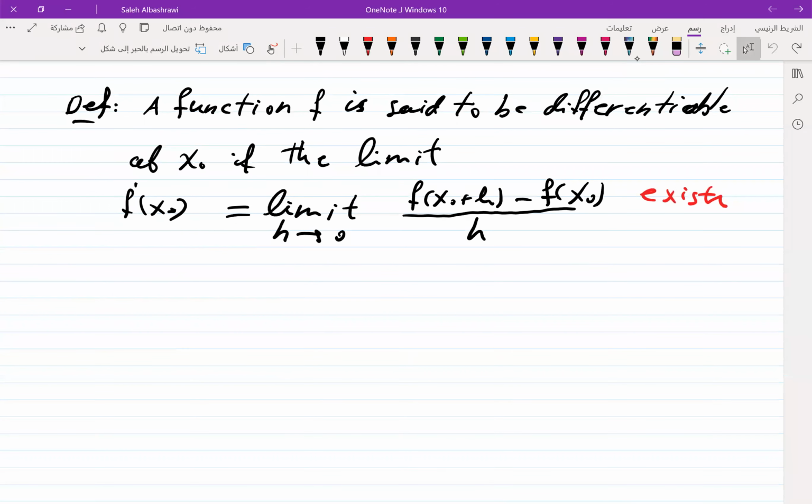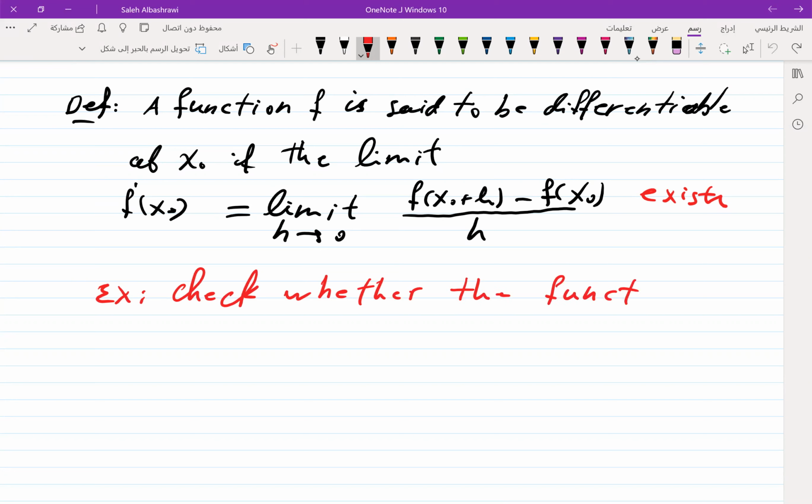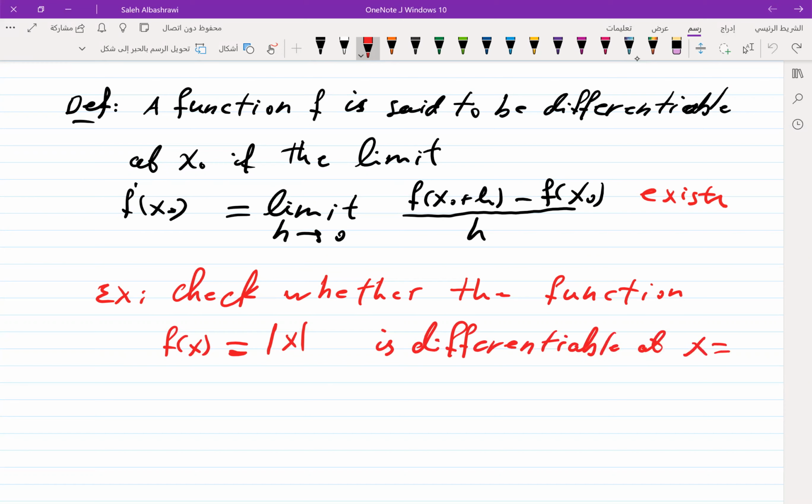For example, check whether the function f of x equal to absolute value of x is differentiable at x equal to 0.